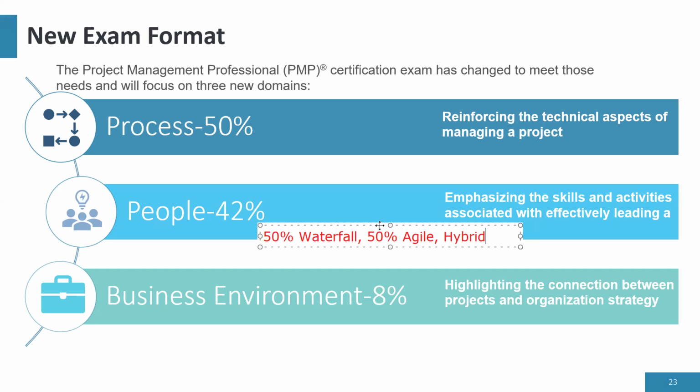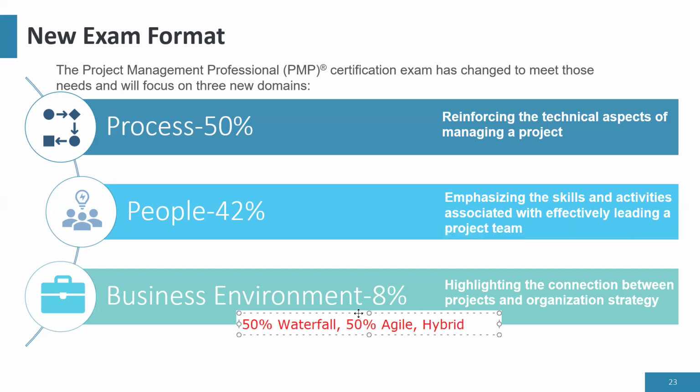So when it comes to questions on people, 21% of your questions will be on how you manage your team and stakeholders in a waterfall environment. 21% will be on how you manage your team and people in an agile and hybrid environment.